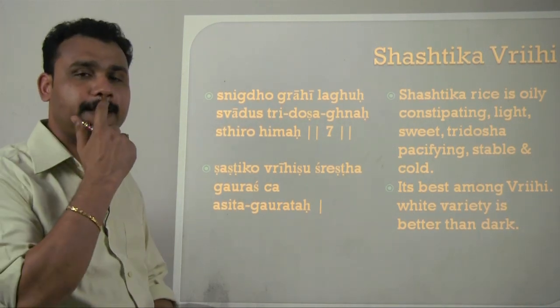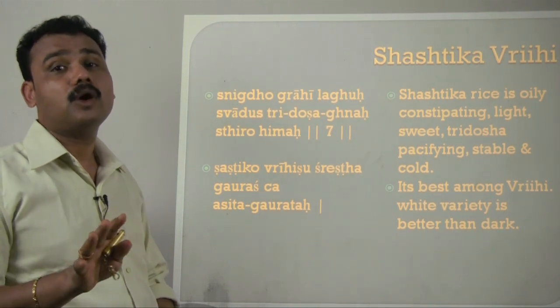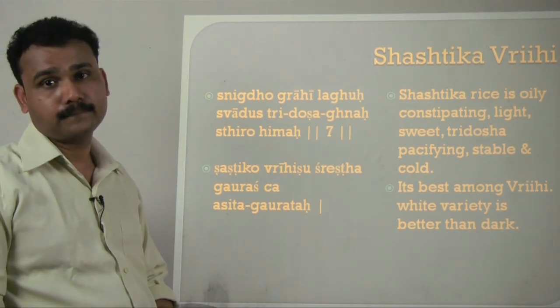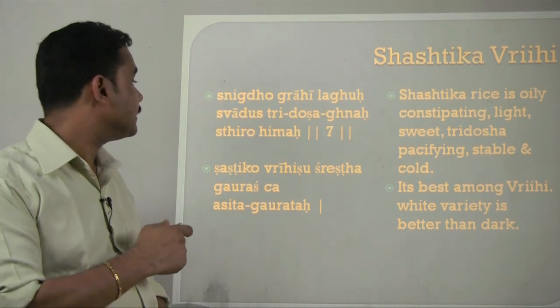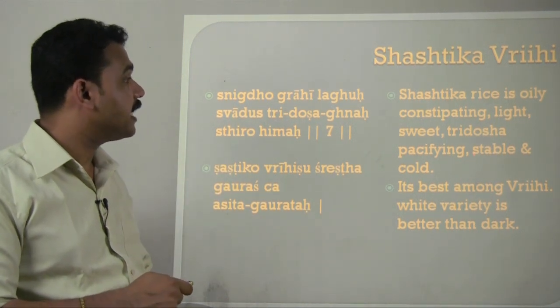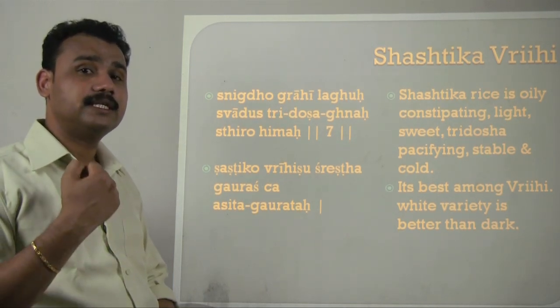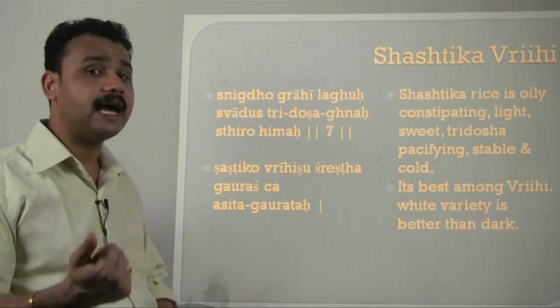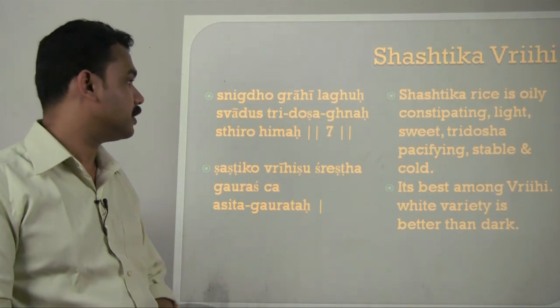The speciality of this species is that it balances all three doshas, and it is specifically sthira. Sthira means it is stable, or it makes your tissues very stable. It stabilizes your tissues, and it is called impotency.